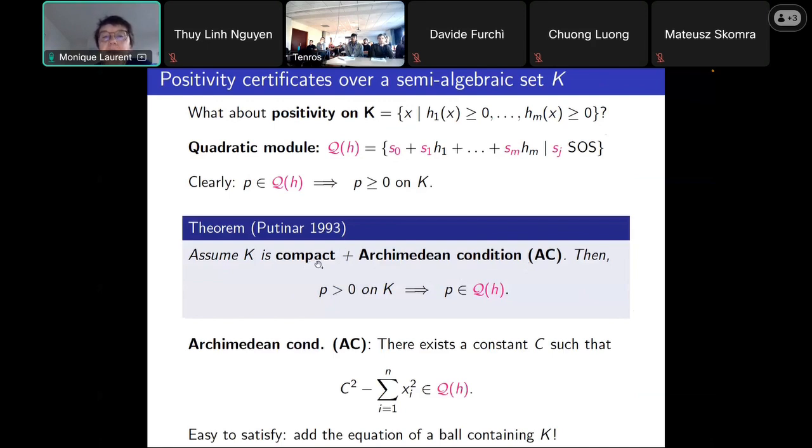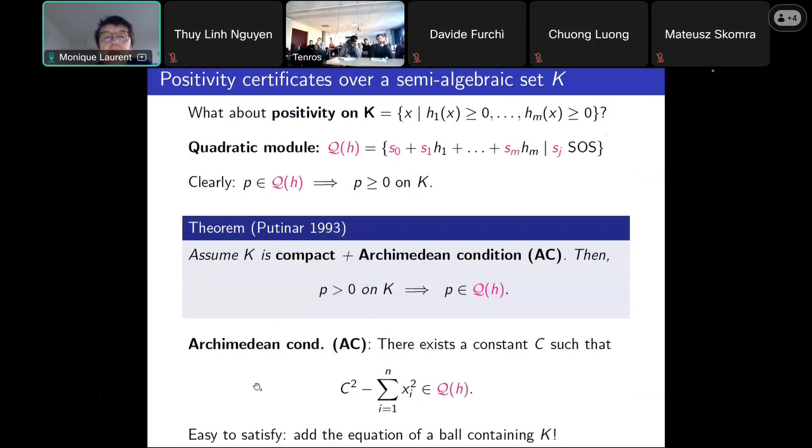Then the reverse implication holds, but only when assuming that P is strictly positive on the set K. So if P is strictly positive on K, then P lies in the quadratic module. So we have this implication, and the reverse implication holds assuming strict positivity.